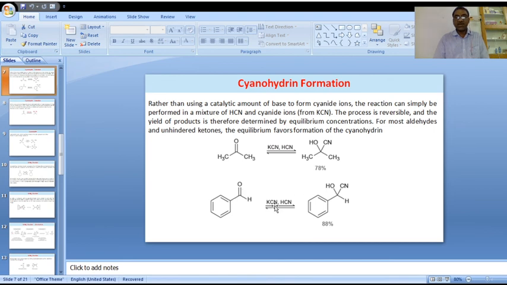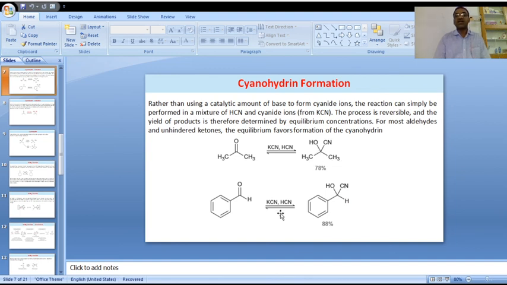When we go to ketones, even unhindered ketones have the equilibrium favoring formation of cyanohydrin, but the percentage compared with the aldehyde is lower. Here the ketone on reaction with the potassium cyanide and cyanide ion mixture forms cyanohydrin in 78 percent.